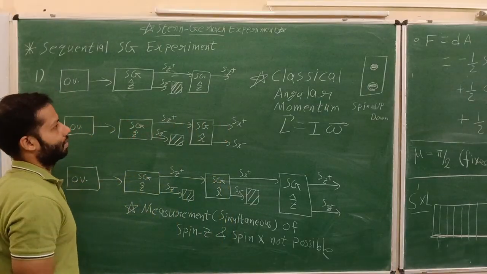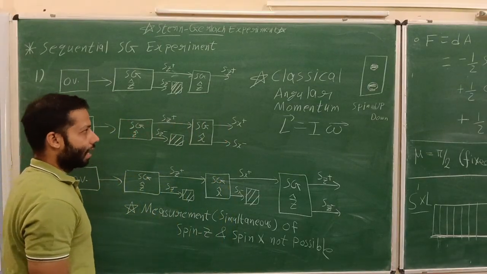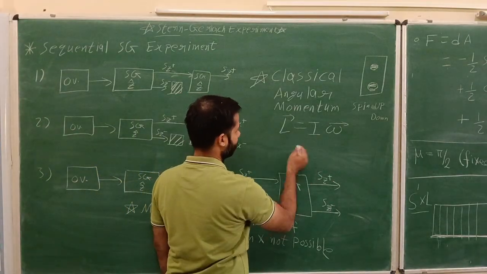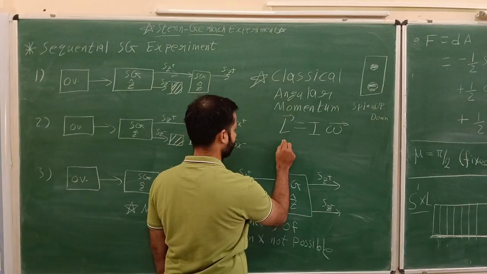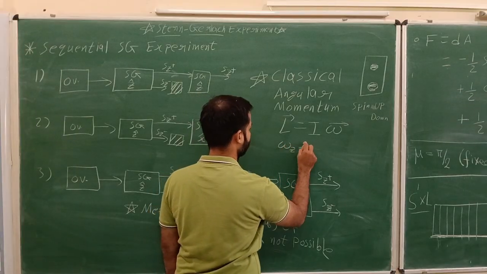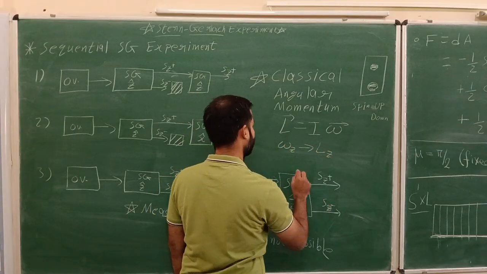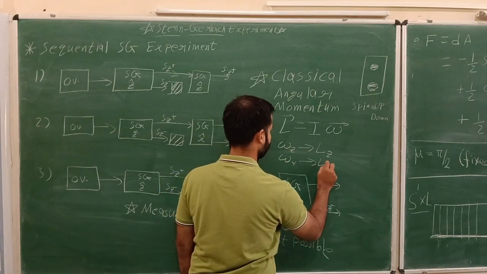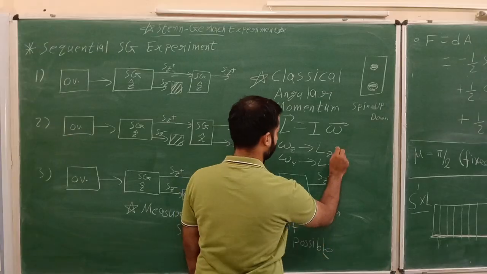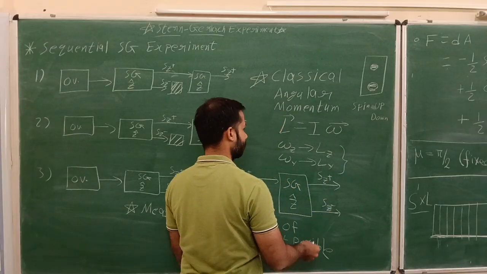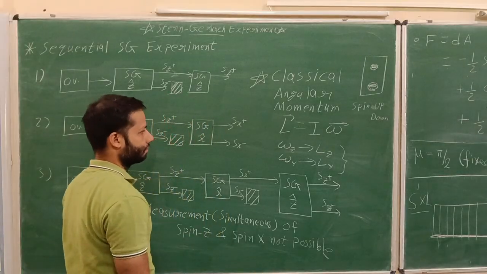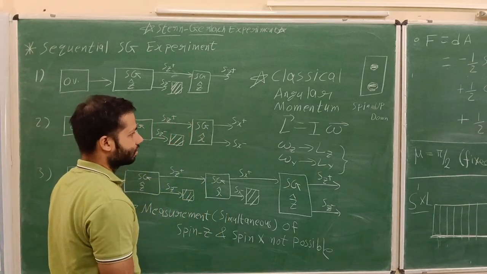In classical mechanics, there is no issue with the angular momentum. If you know omega z, you can specify Lz. If you know omega y, you can specify Ly. There is no issue that I can only measure Lz or Ly with a certain uncertainty.